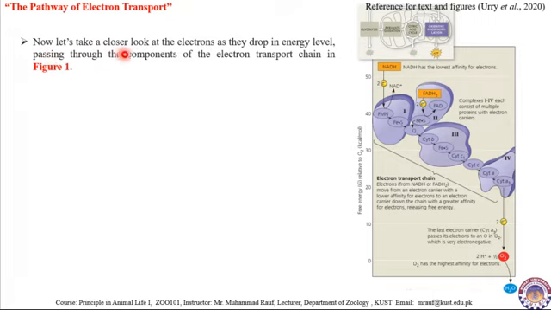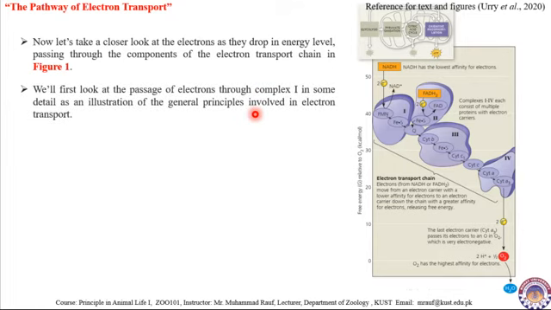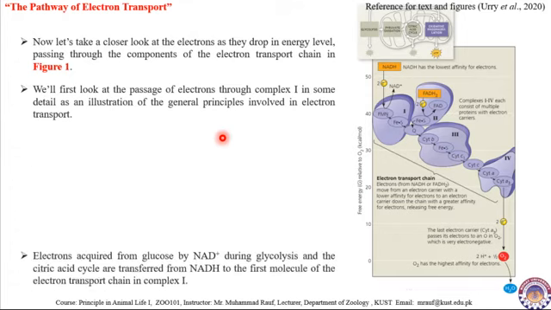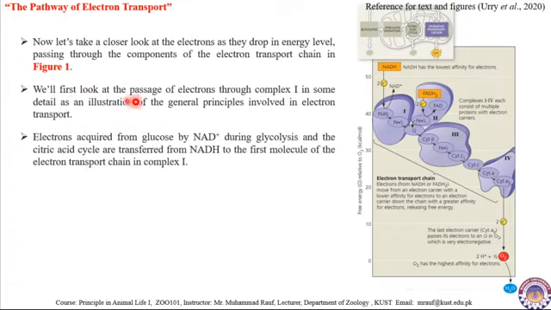Now let's take a closer look at the electrons as they drop in energy level passing through the components of the electron transport chain. So now we will discuss each carrier. We will first look at the passage of electrons through complex 1 in some detail as an illustration of the general principle involved in the electron transport chain. So where will these electrons come from?